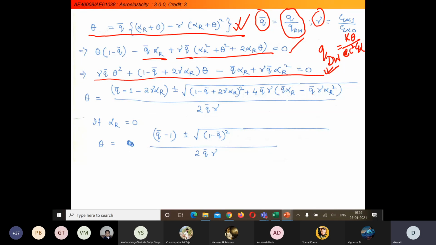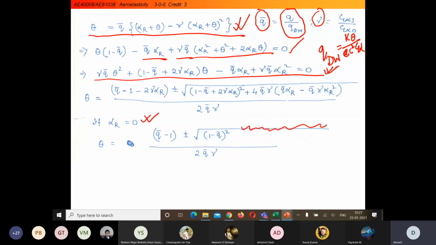Let us consider that alpha r is equal to 0, then I can get the solution. As I am doing the solution in the analytical form, let me consider initially alpha r equal to 0. If alpha r equal to 0, I am getting theta as q bar minus 1 plus minus square root of 1 minus q bar whole square, because alpha r is 0 means this is 0, this is 0, this is also 0.